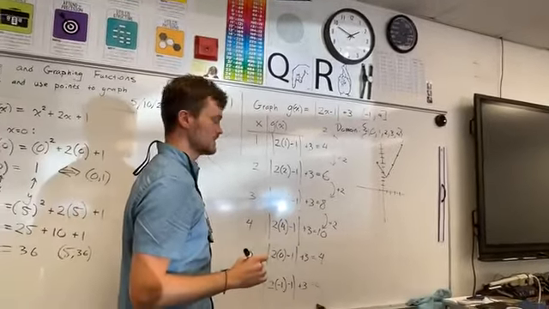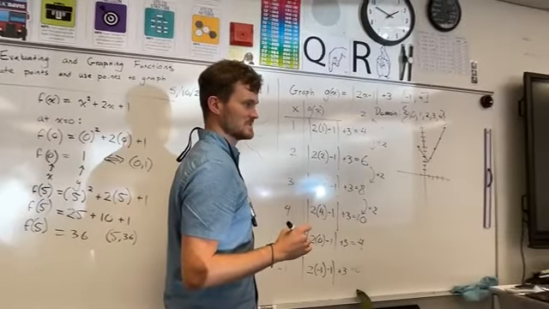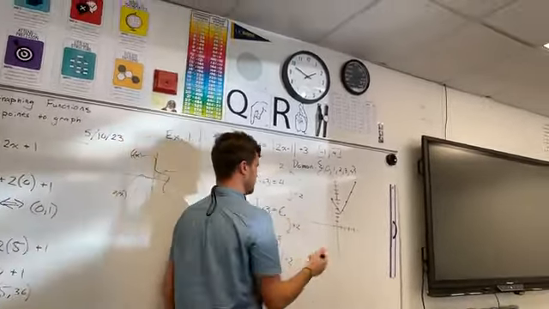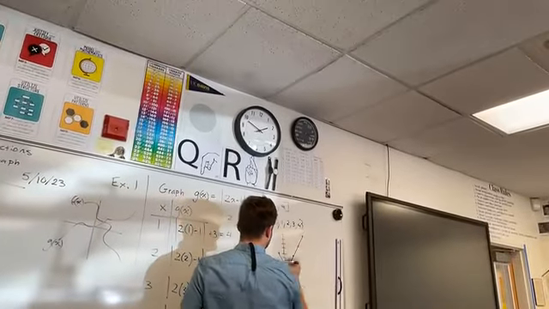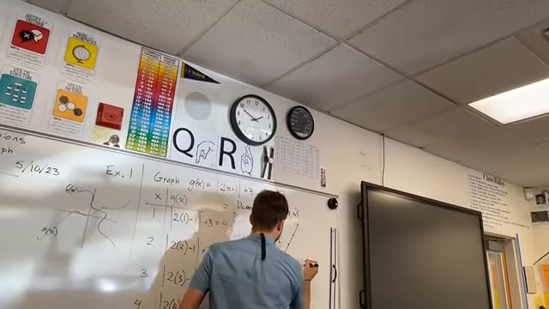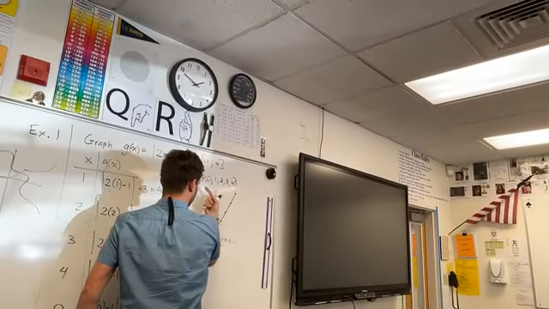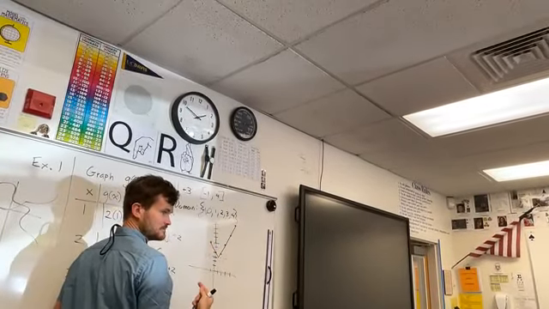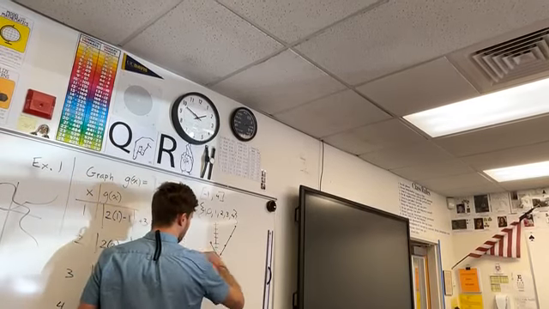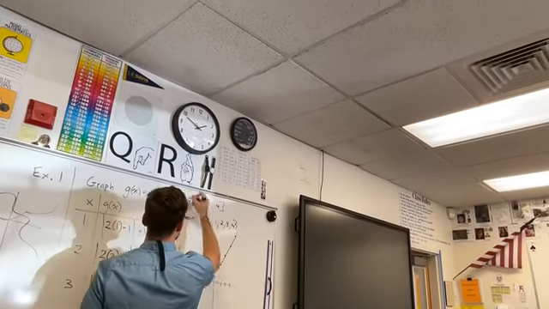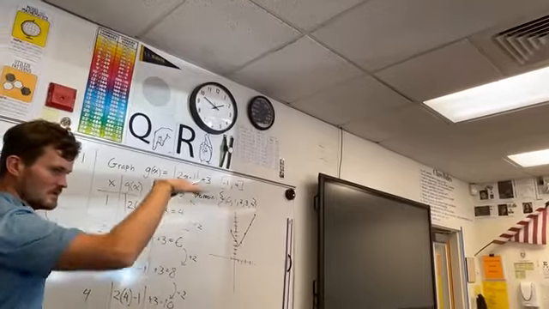Absolute values are V-shapes. It's as if I have a mirror and I reflected a light beam. The mirror is right here, and the laser pointer came down, reflected off the mirror, and started bouncing back up. That bouncing happens because of the +3. We move the mirror up 3, so it bounced up.